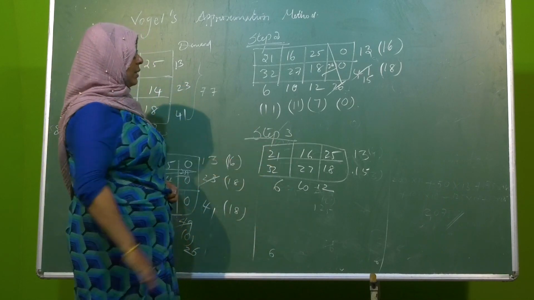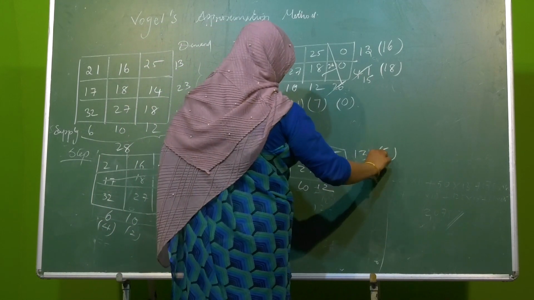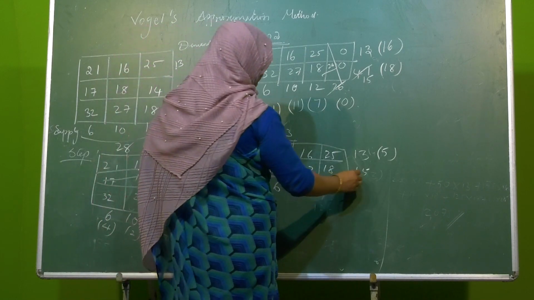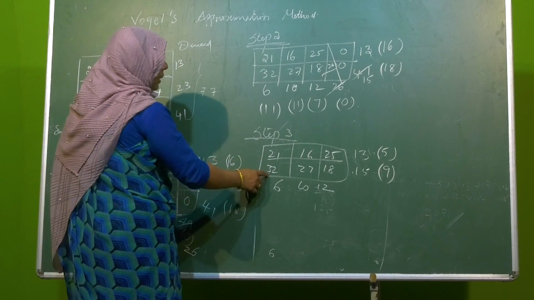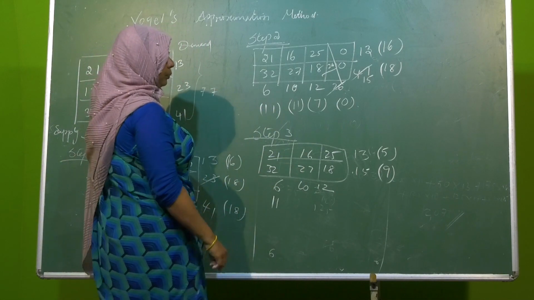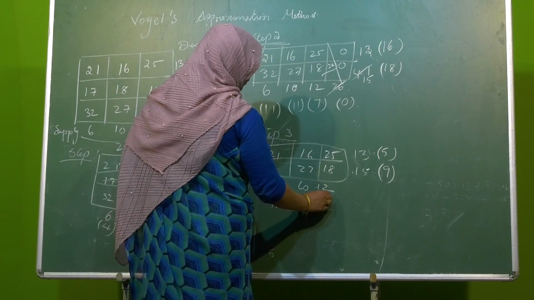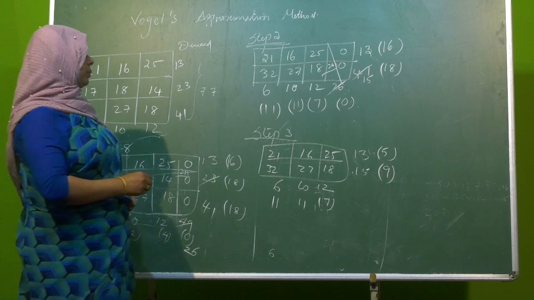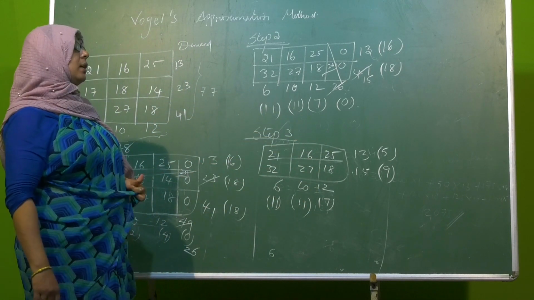What is the difference between these elements? 16 minus 21, 5. 18 minus 27, 9. 21 minus 32, 11. 16 minus 27, 11. 18 minus 25, 7. Compared to this, 11 is the highest difference.